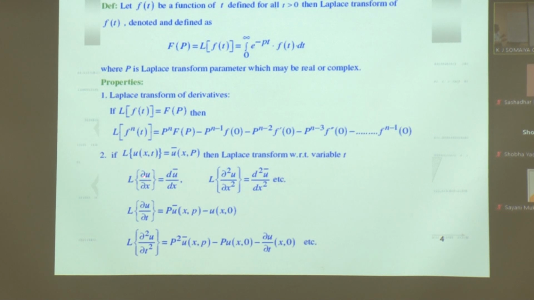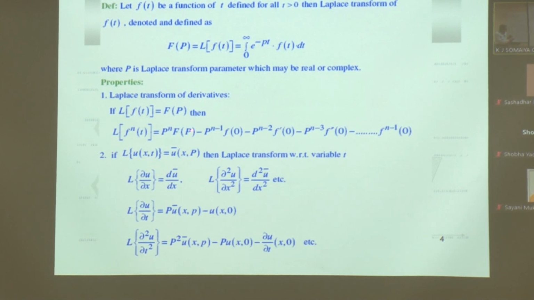So if you are taking the Laplace transformation of the derivative of u with respect to x, simply you can write the derivative of u bar with respect to x. Similarly for the second order derivative. Of course here, if we use this particular formula, then the Laplace transformation of the derivative of u with respect to t, this is the first order derivative.